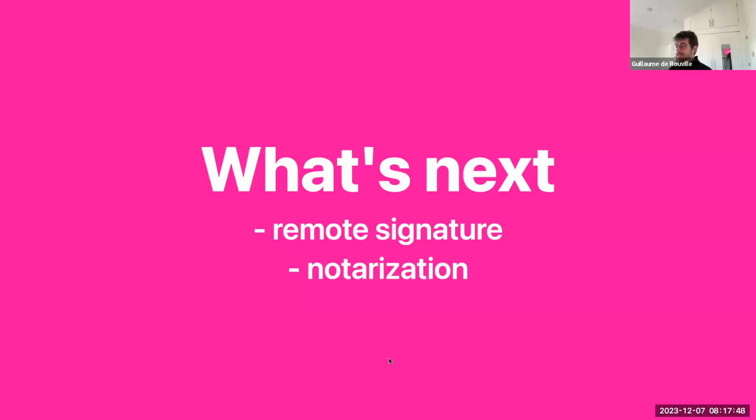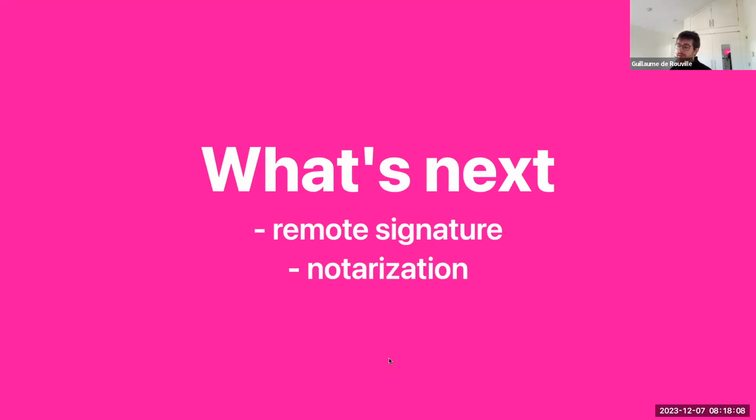So what's next? One of the biggest subjects of running code signature online in CIs is to be able to do remote signatures, as Dagger exposes the primitives to do container networking and things like that.